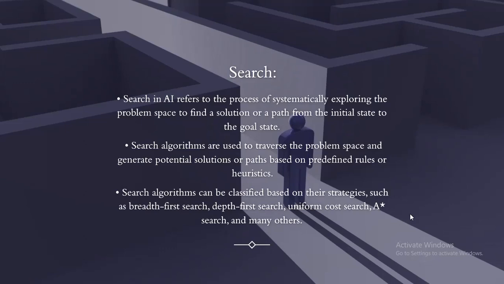Then search. Search refers to the process of systematically exploring the problem space, that is the set of all possible states, actions and transitions, to find a solution or a path from the initial state to the goal state. For example, the A-star search algorithm.